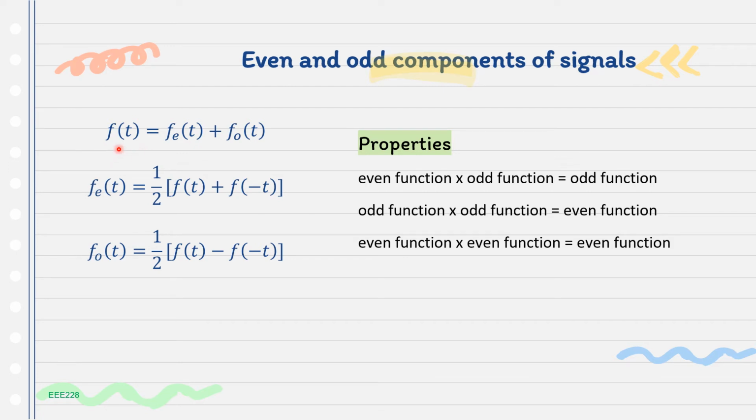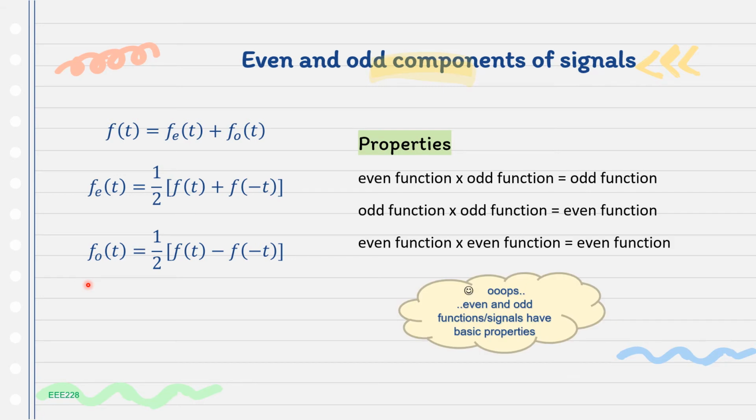In other words, a signal f(t) is equivalent to an even signal plus an odd signal, where the even part is given by 1/2 of the addition of f(t) and f(-t). And the odd component of a signal is given by 1/2 of f(t) minus f(-t). So whatever signals we have, we can separate the odd and even functions.